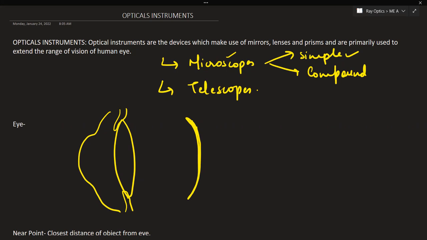Behind that blind spot, you have an outlet for the optic nerve. So the optic nerve takes the image, because an inverted image is formed at the retina. And then it takes it to the cerebral cortex area of the brain, wherever the visual cortex is present. And the brain then detects and other neurological functions occur.